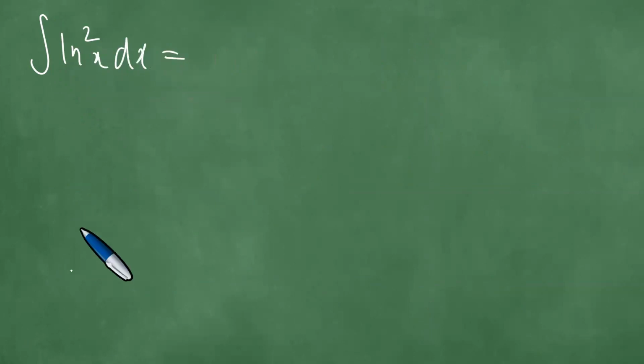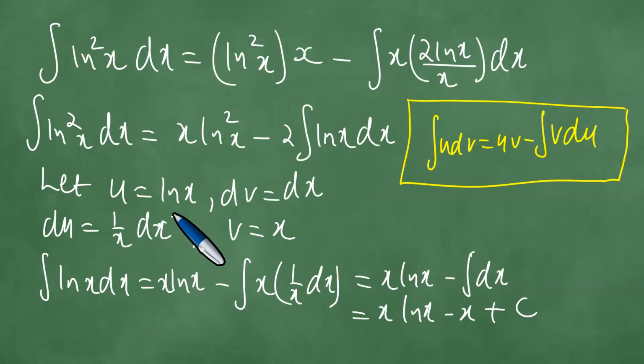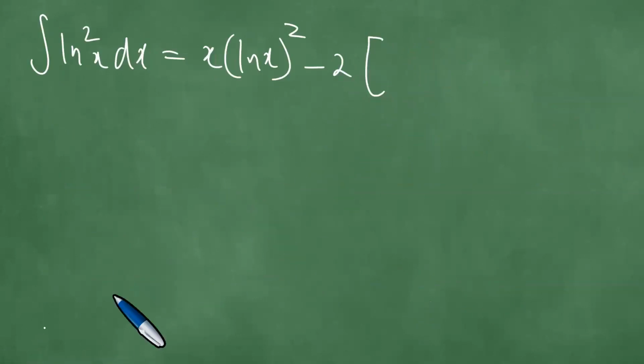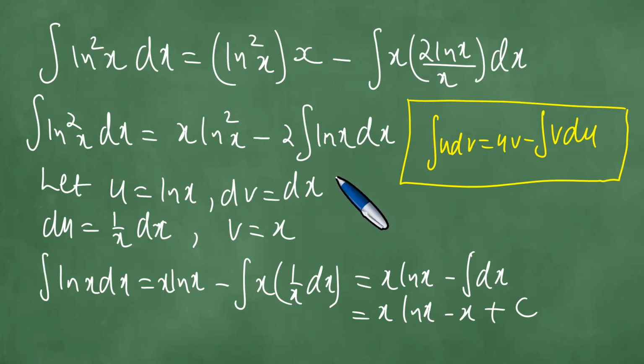So now, at this point, if you have the integral of ln squared x dx, what is this integral? This integral is exactly x ln squared of x minus 2 times the integral of ln x dx. The integral of ln x dx is x ln x minus x.